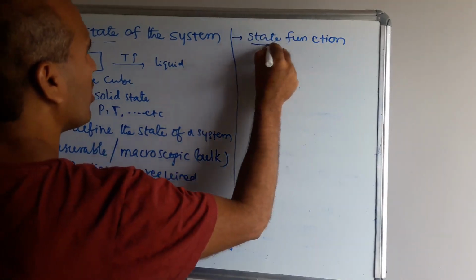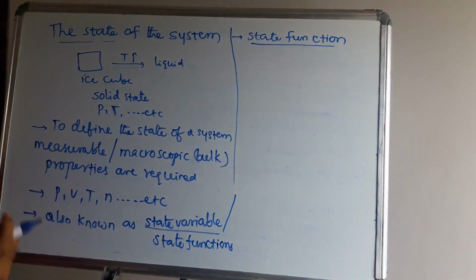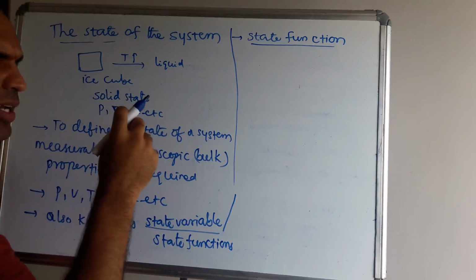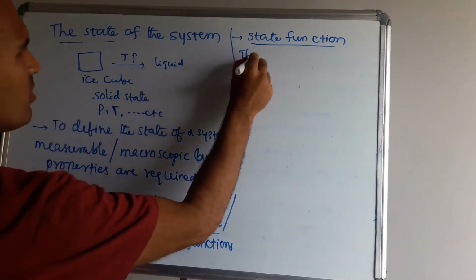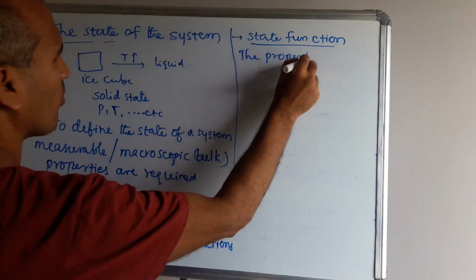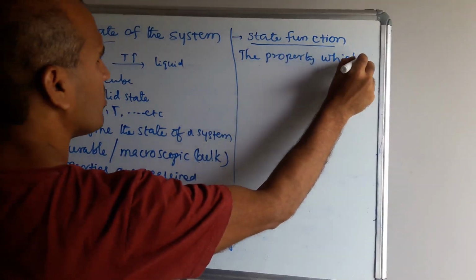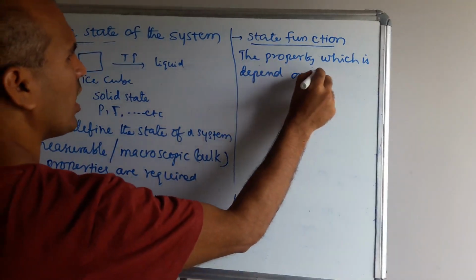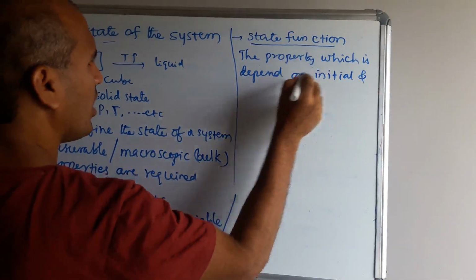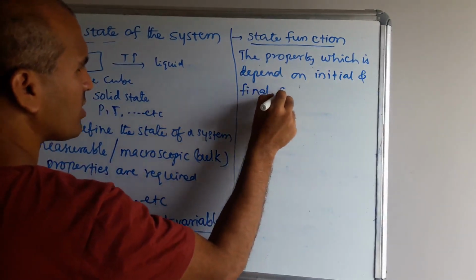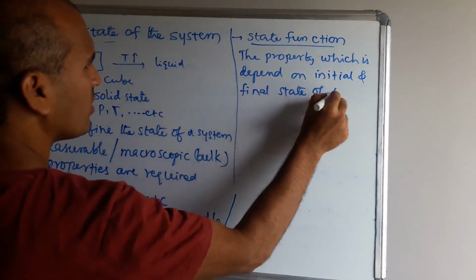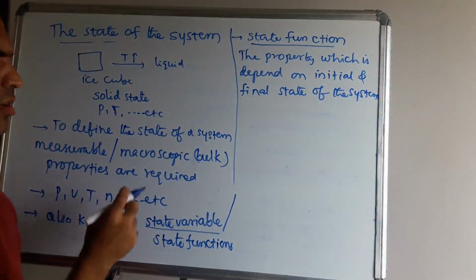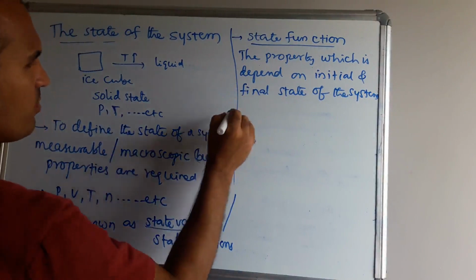Very important for board level. State function means the properties which depend on the initial and final state of the system. The property which depends on the initial and final state of the system is called a state function or state variable.